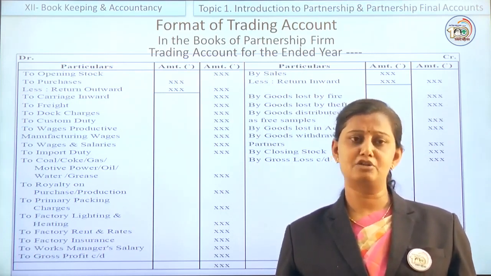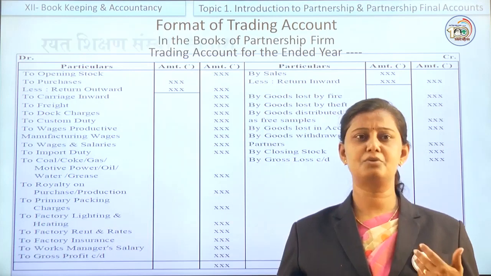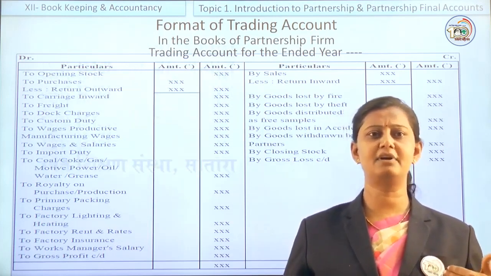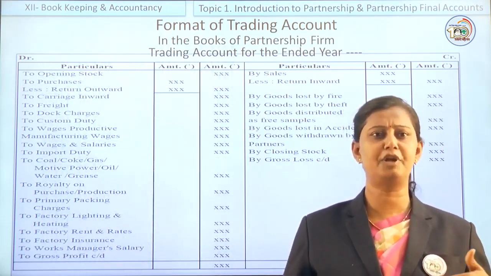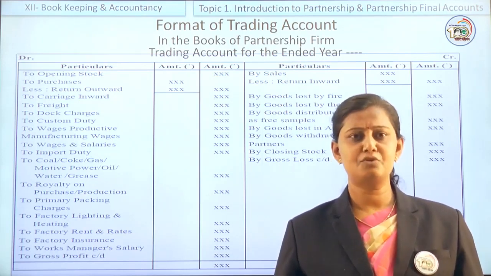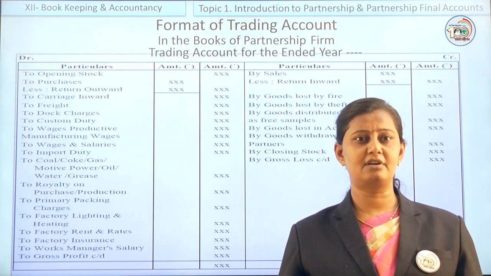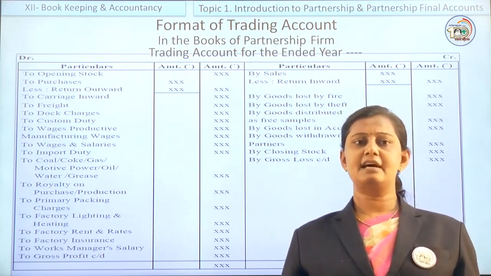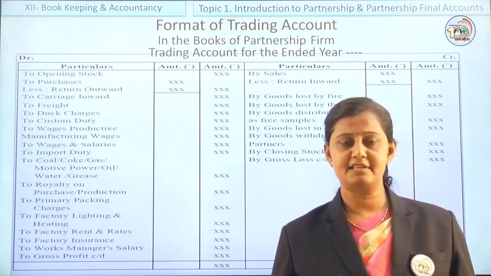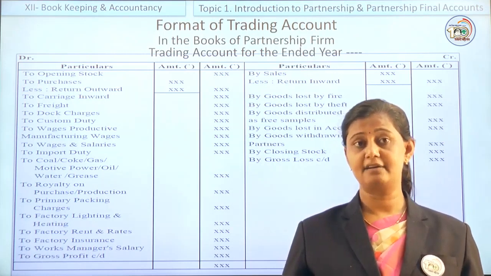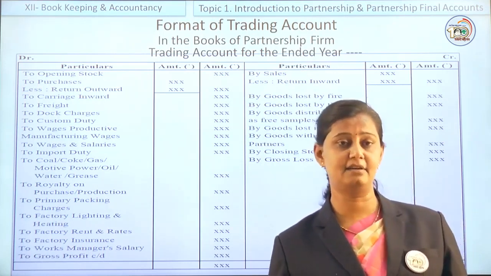Import duty is also considered a direct expense, so it is transferred to the debit side of trading account under the heading "To import duty". Next one is coal, coke, gas, motive power, oil, water, grease. These are treated as direct expenses, hence they are recorded on the debit side of trading account.